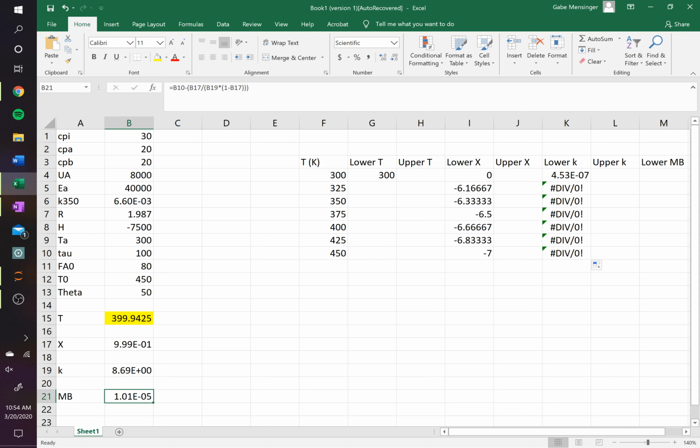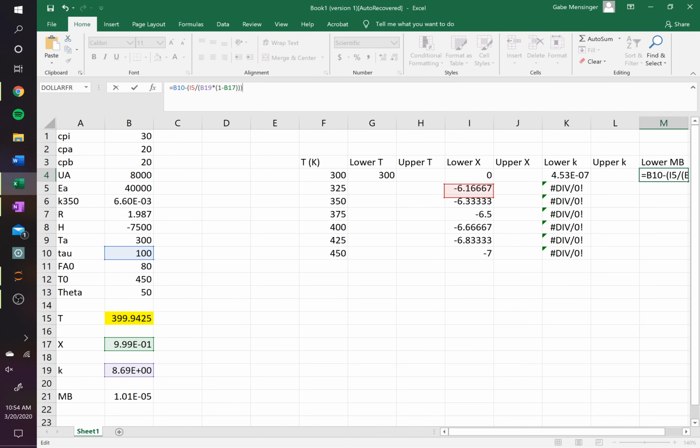So I would say that that method does work as well. I'm just showing you the way that I know how to do it. This was a problem that I distinctly did not like.